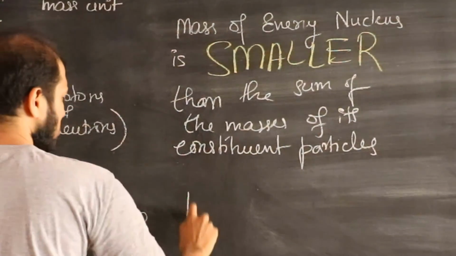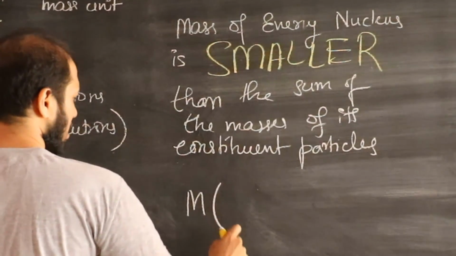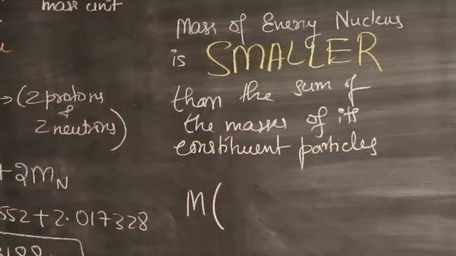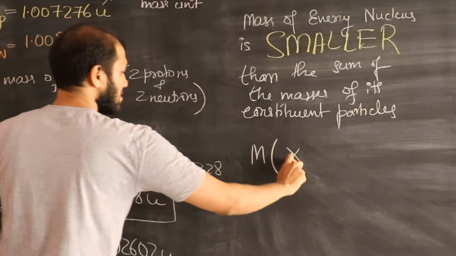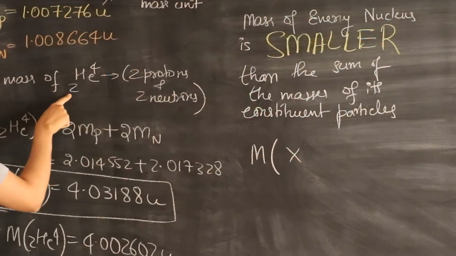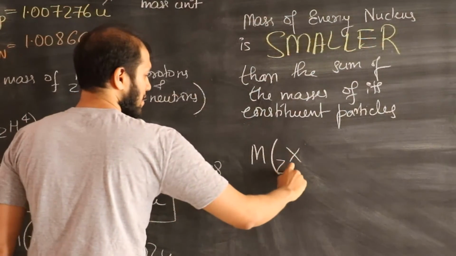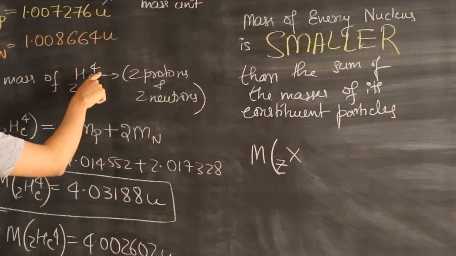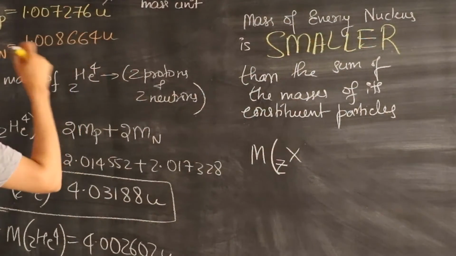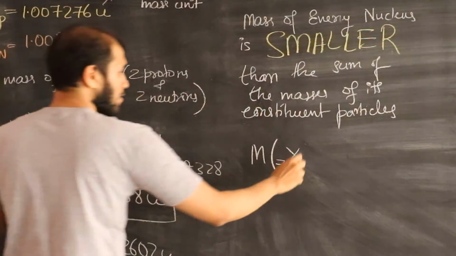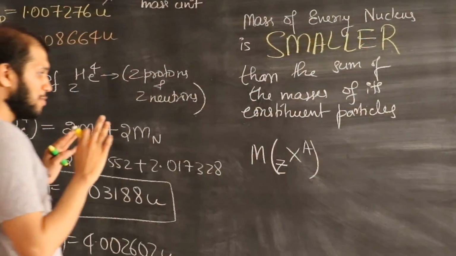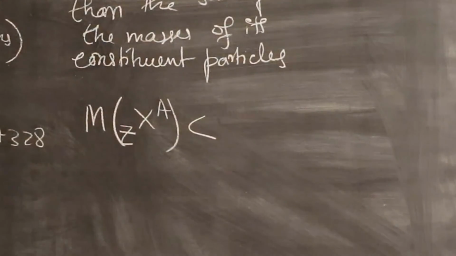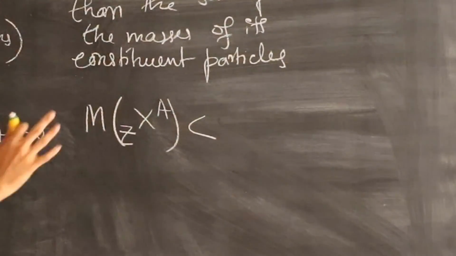We can say mass of a general nucleus, and the way we're going to show a general nucleus is, as you can see over here, there's a name of the element. Let me call that X. Then there's the number of protons, the atomic number. We usually call that Z. And then the total number of particles, protons and neutrons together, we call that A. This number in general is going to be smaller than the sum of the masses of the protons and neutrons.